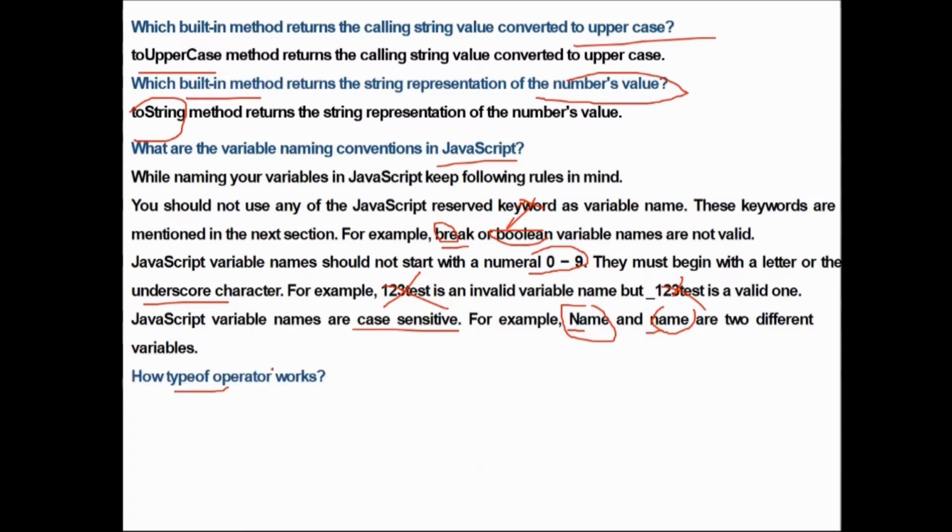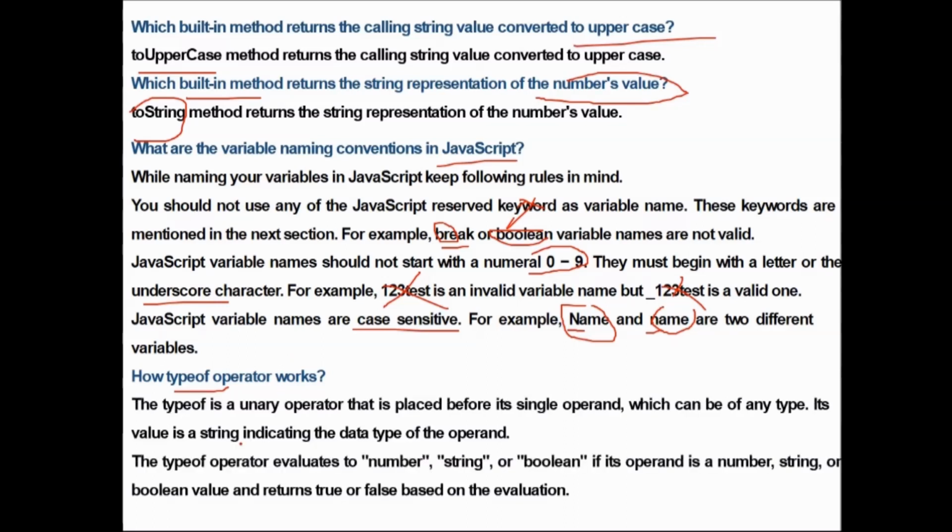So how does the typeof operator work? This can be asked. The typeof operator is a unary operator that is placed before its single operand, which can be of any type, and its value is a string indicating the data type of the operand. So the typeof operator evaluates whether its operand is a number, string or boolean value and returns true or false based on the evaluation.